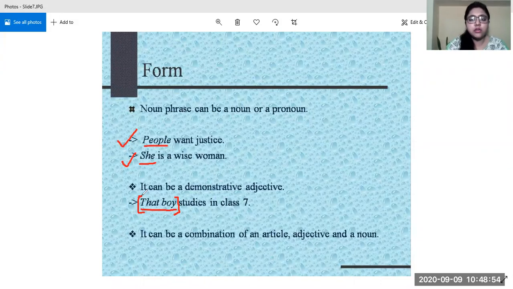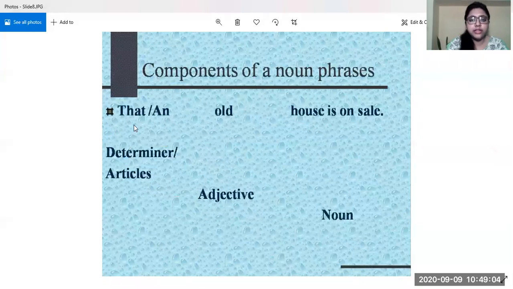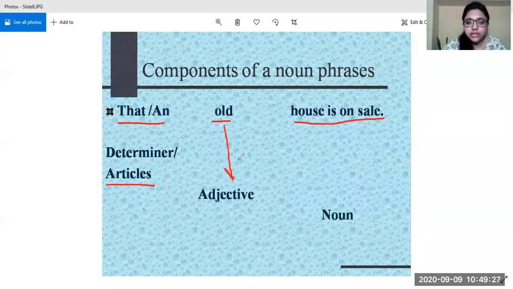And then it can be a combination of an article, an adjective, and a noun. So it can have a group of words also, like we did in the sentence "That old house is on sale." Instead of that, we could have also used "An old house is on sale." Then this phrase would have included an article, and old, as you know, is an adjective because it is modifying the noun house.